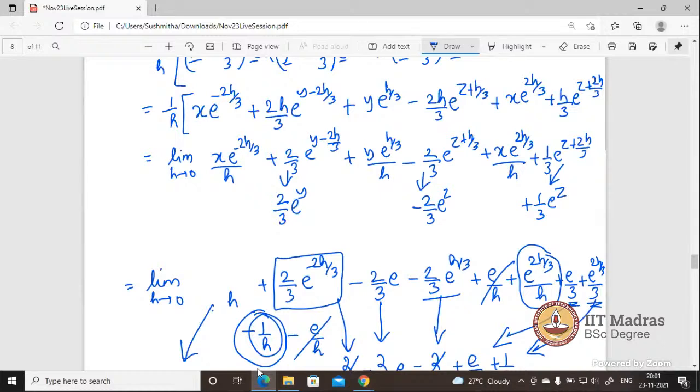The limit of this as h goes to 0: what do I get for the numerator? I get 1, right? E power 0 is 1. So I get 1 by 0, right? It goes to zero. Yes, ma'am. So that should be cancelled somewhere, I think.